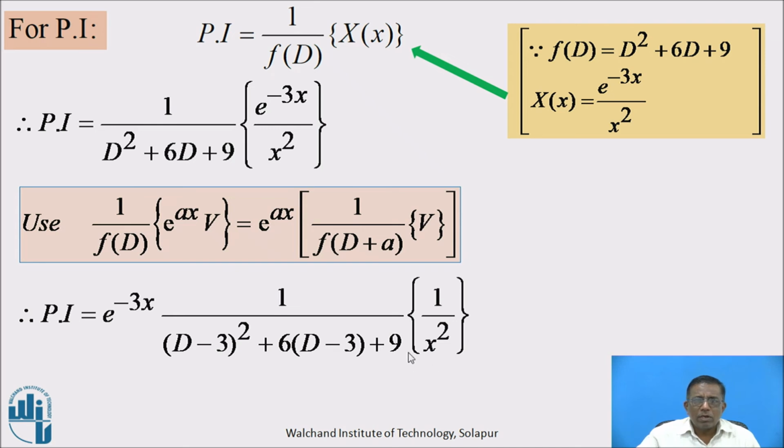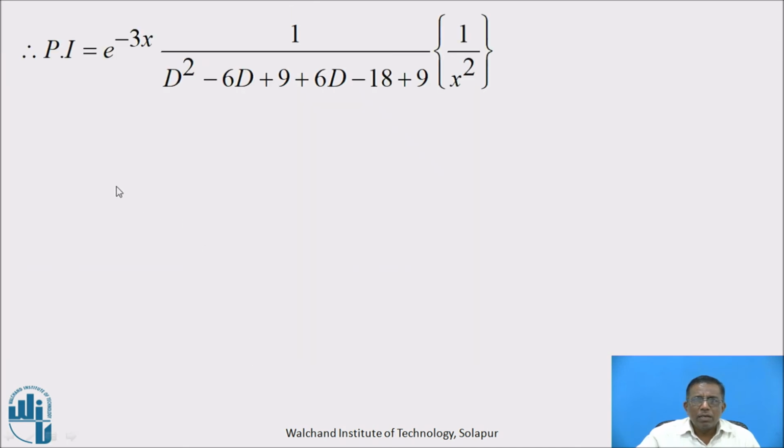Now simplify the denominator, we get PI equals e raised to minus 3x into 1 upon D squared minus 6D plus 9 plus 6D minus 18 plus 9 operated on 1 upon x squared. Now in the denominator, minus 6D cancels with the plus 6D, and plus 9 plus 9 is plus 18, which cancels with the minus 18.